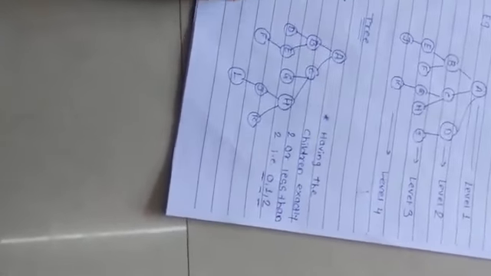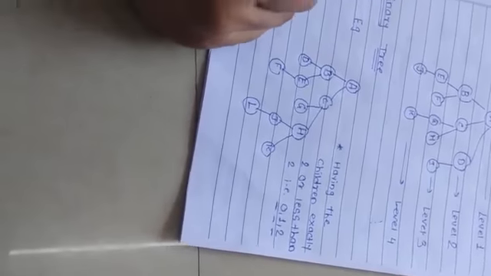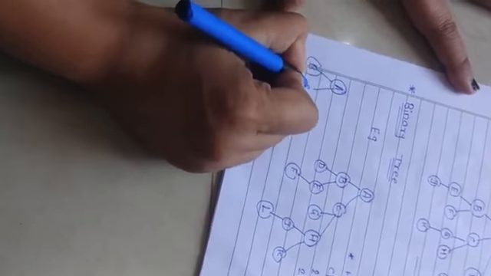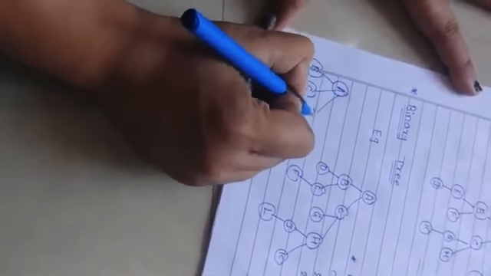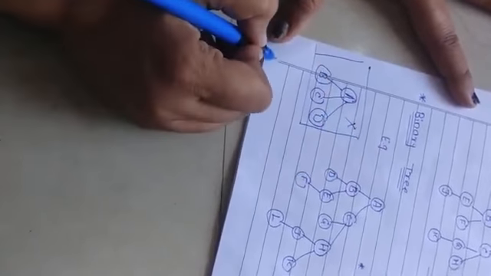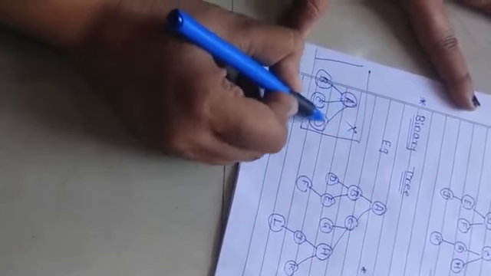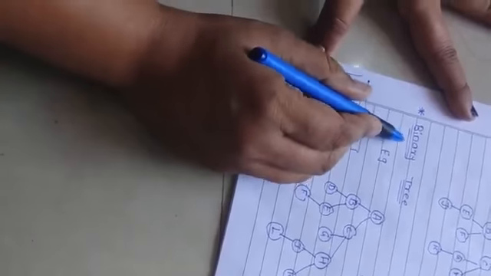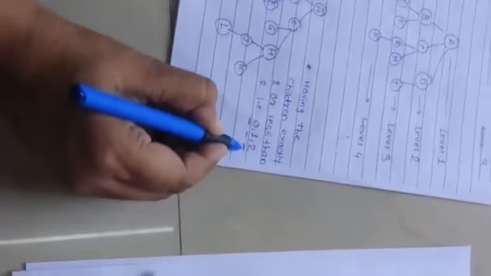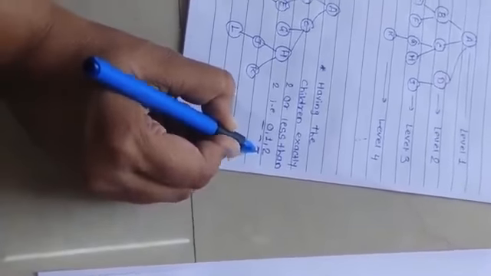Okay, it's clear. Now take another example. Suppose we consider node A and it has 3 children, B, C and D. Now it is not a binary tree, because A has 3 children, and according to the definition of a binary tree, every node has a maximum of 2 children.